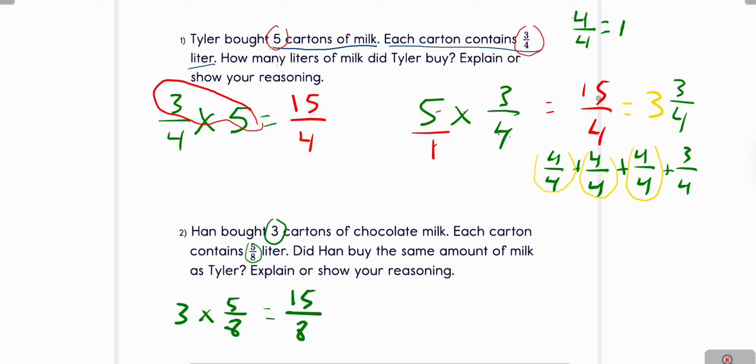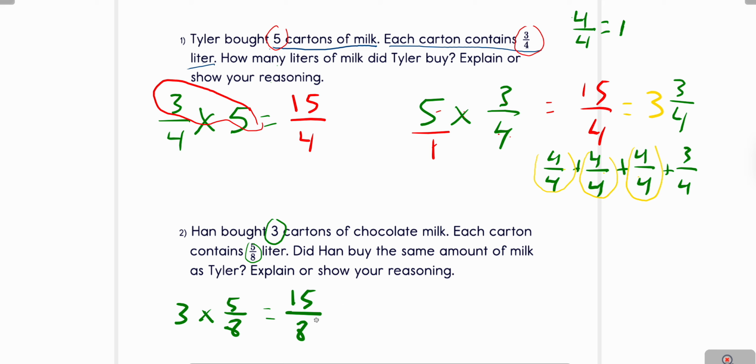Well, let's think about it. Which are bigger, fourths or eighths? The smaller denominator indicates the bigger parts. So fourths are always going to be bigger than eighths. So we can say that Tyler bought more.